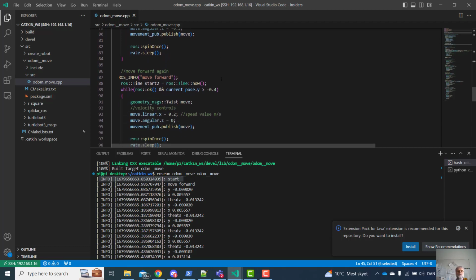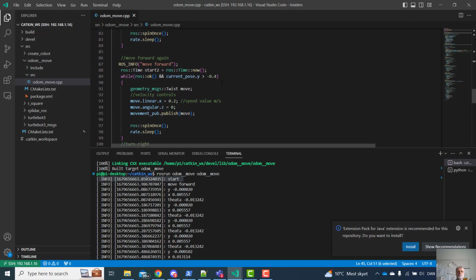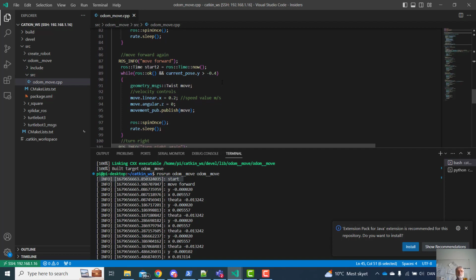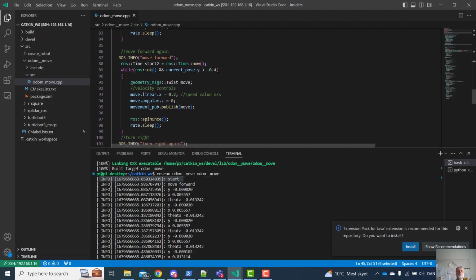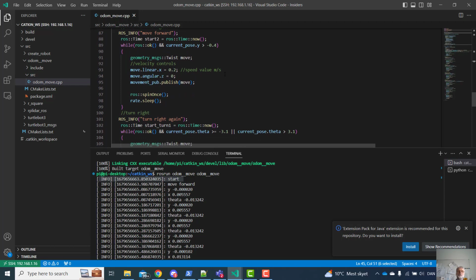Then we can move forward, and now we are in an XY coordinate system, and if we go below the x axis, then the y coordinate becomes negative. So we move to the corner.